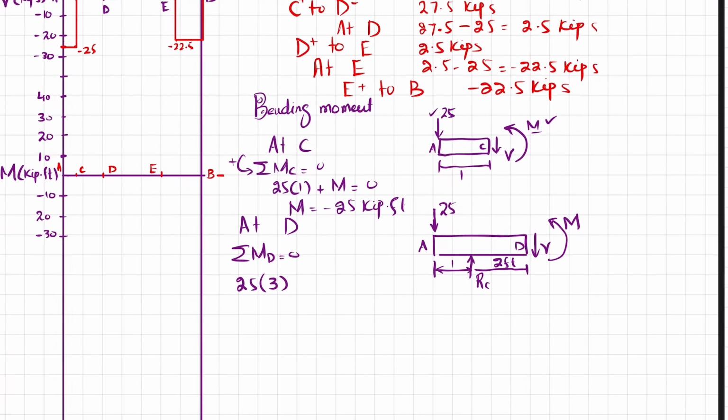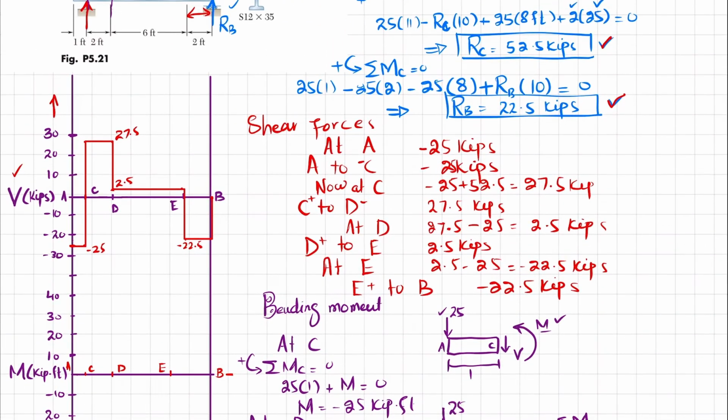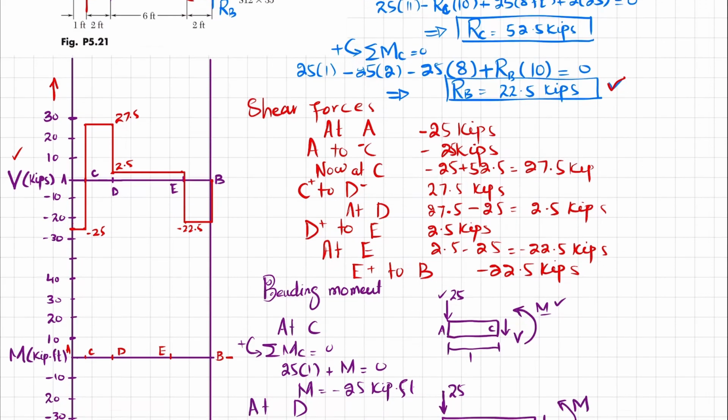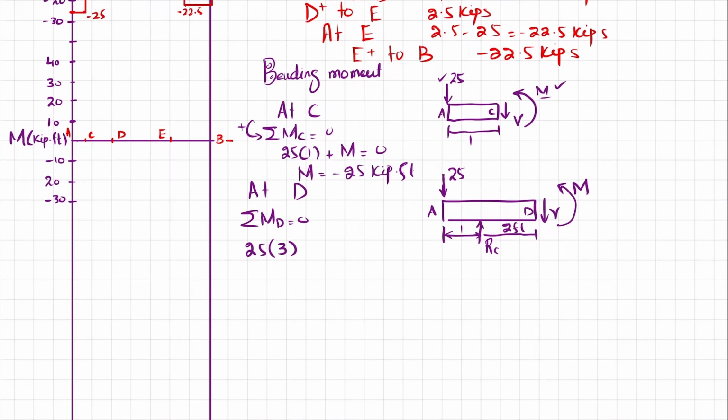So minus 52.5, which is RC, into perpendicular distance 2, plus the external moment M, their sum must be equal to 0. When you calculate it, you will get moment equal to 30 kips into feet. So this is the moment at point D.